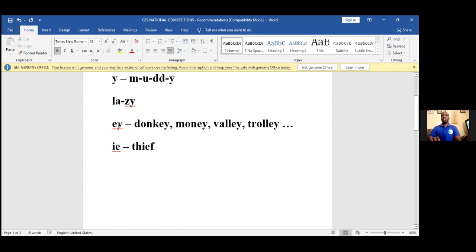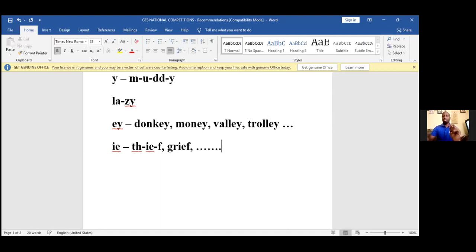You realize that letters EY at the end are saying E. It is according to which class you are going to be teaching. When you look at the word thief, it would be E. So in this word, letters IE are saying E, and there are so many other words which we can add there. Words like grief and so many others.